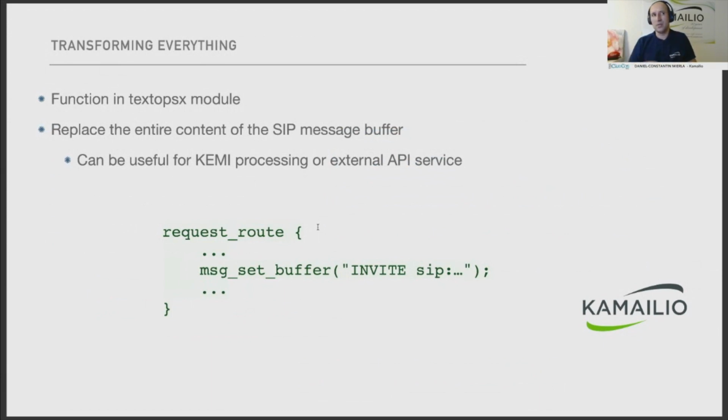Or you can do it with some external API service: you pass it the message, it passes it back, and then you can use msg_set_buffer, where the parameter is the entire message from the first line to the end of the body. Kamailio can then be used for relaying, transport layer, retransmission, rerouting. But how you format it, what headers you put, the body you send, you can do in an external application or through a more powerful scripting option that we offer, like Python and Lua.